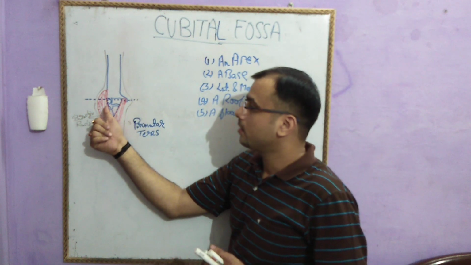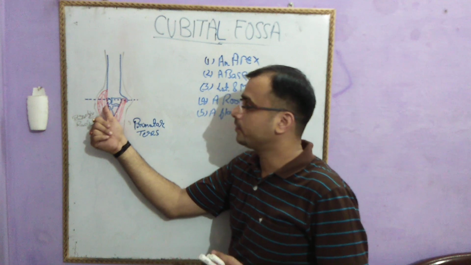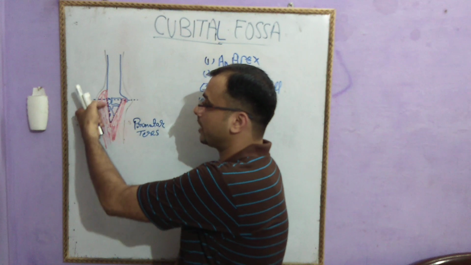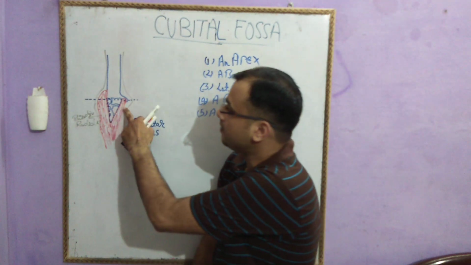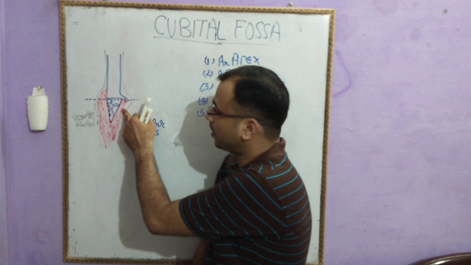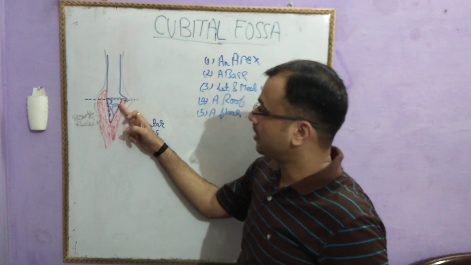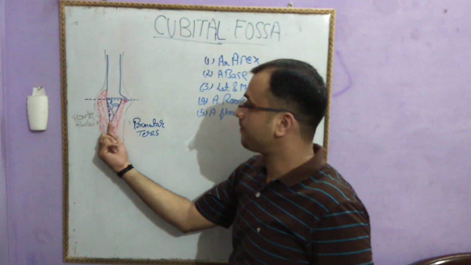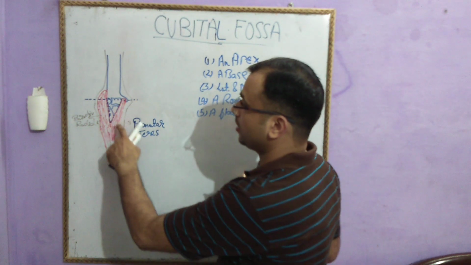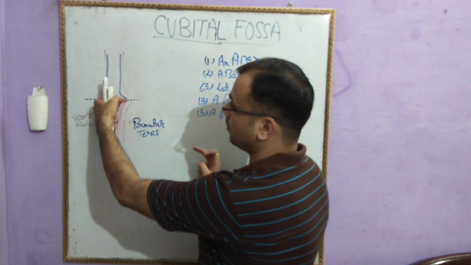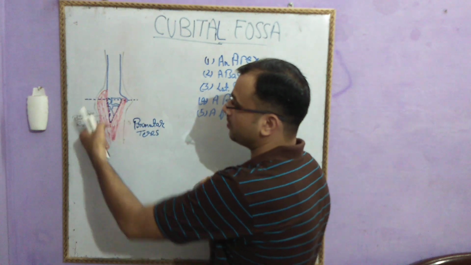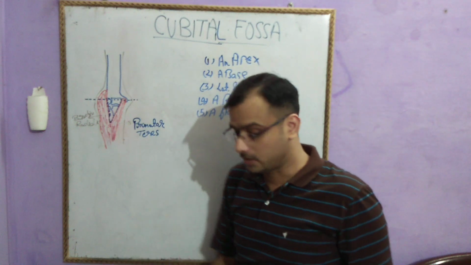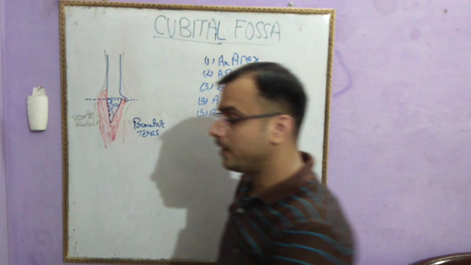The lateral wall is formed by the medial border of the brachioradialis muscle, and the medial wall is formed by the lateral border of the pronator teres muscle, and the apex is formed by the meeting point of the lateral border and medial border of the pronator teres and brachioradialis muscle.